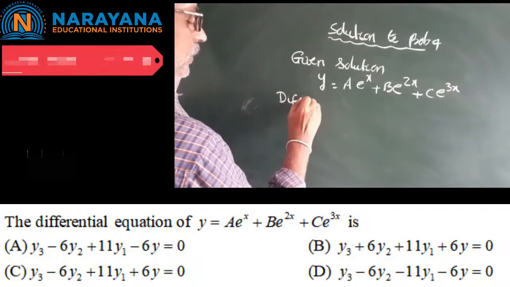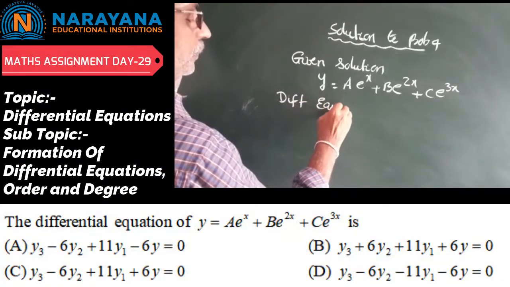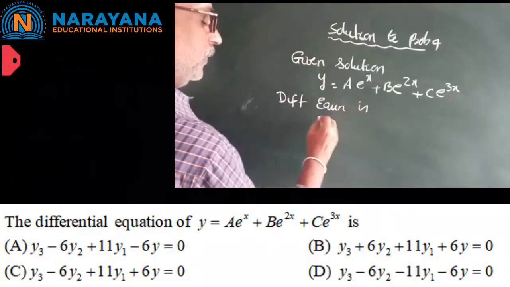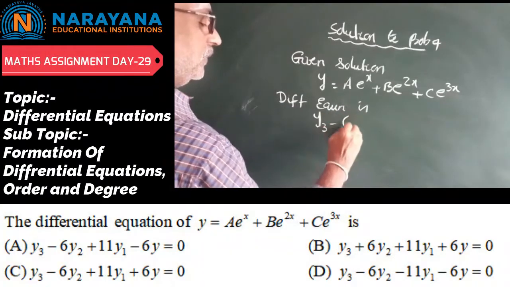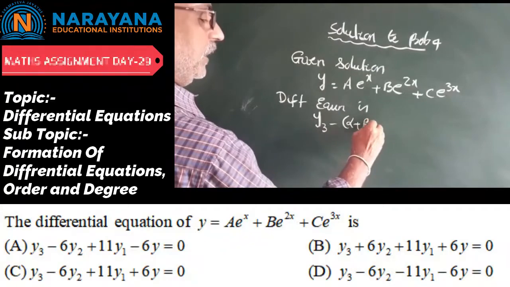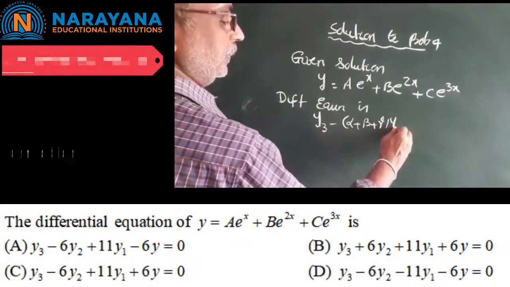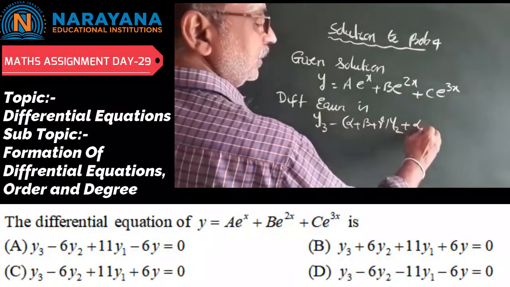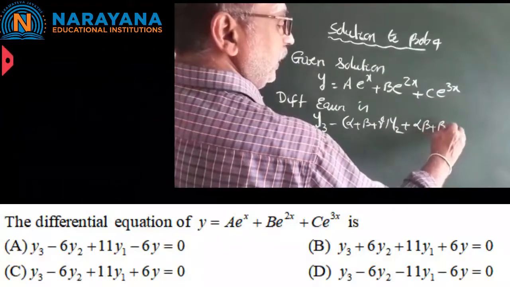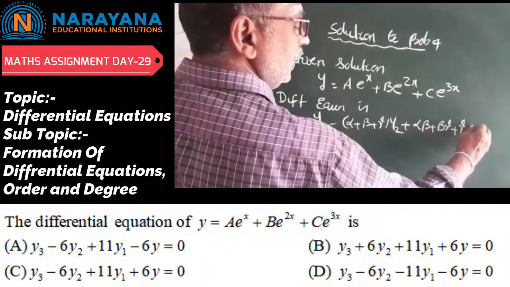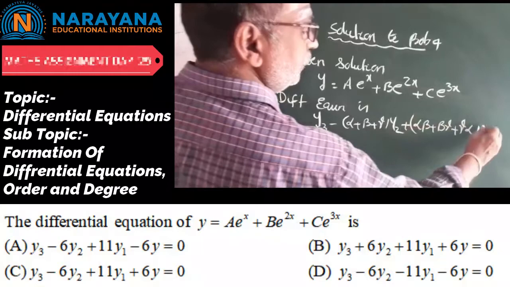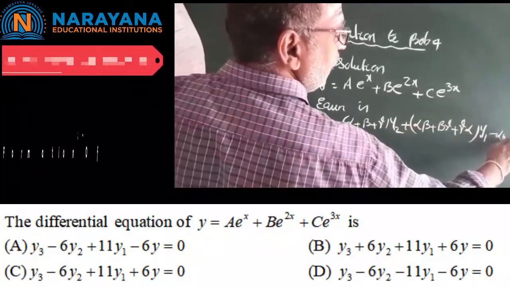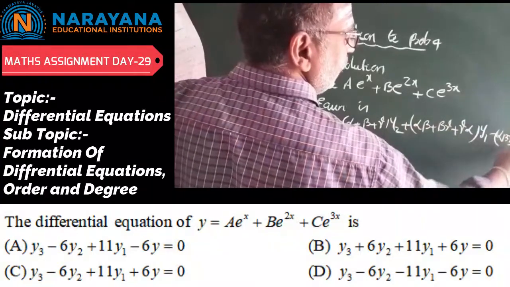Differential equation is y3 minus of alpha plus beta plus gamma into y2 plus alpha beta plus beta gamma plus gamma alpha into y1 minus alpha beta gamma into y equal to 0.